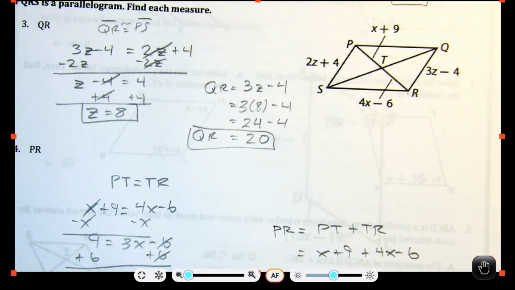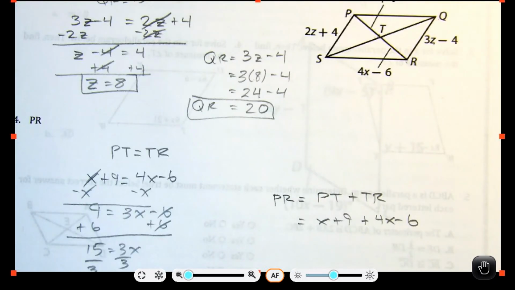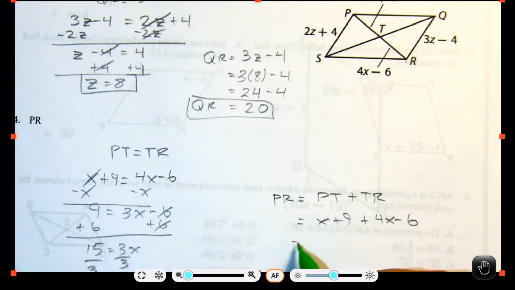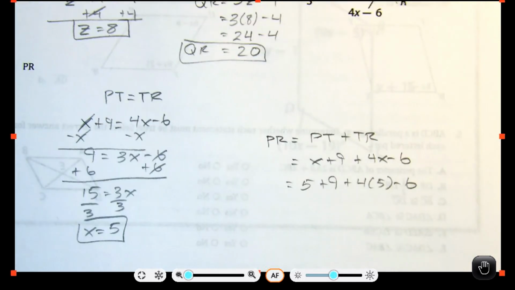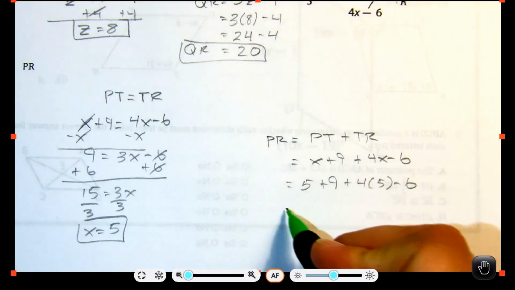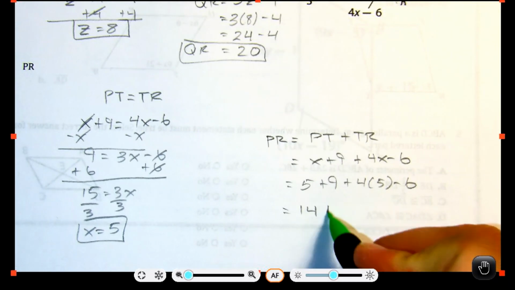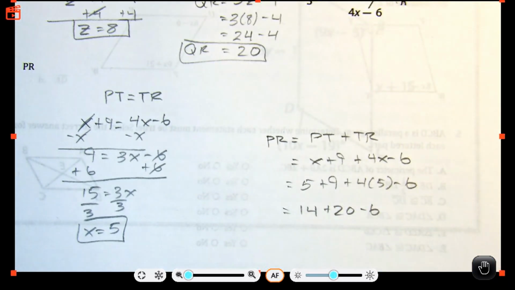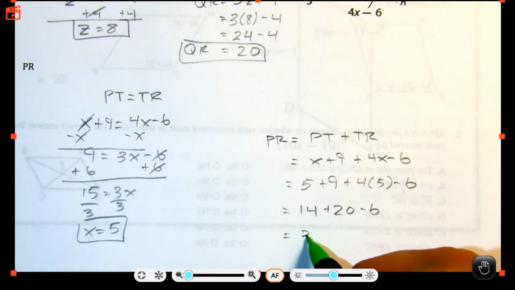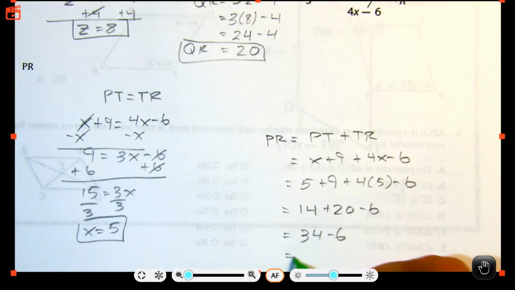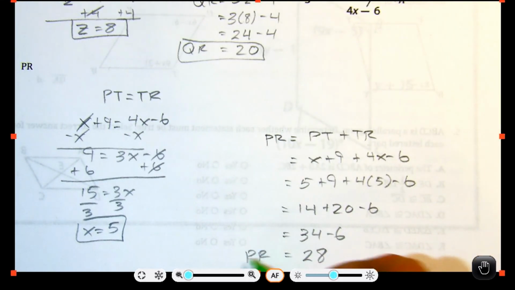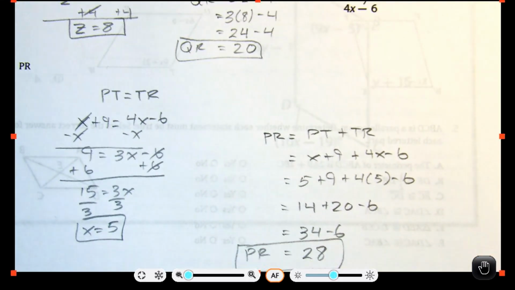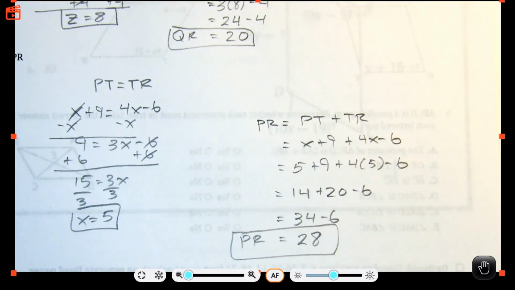And if I plug in 5 for x, I would get 5 plus 9 plus 4 times 5 minus 6. 5 plus 9 is 14, 4 times 5 is 20, and then minus 6. 14 plus 20 is 34, minus 6 gives me 28. So PR is equal to 28.